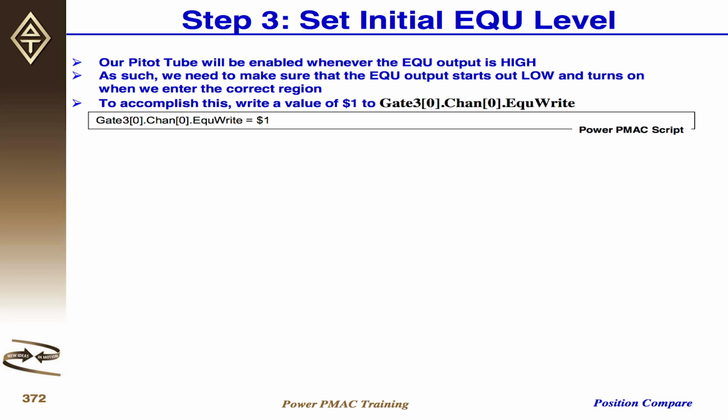Now we want our EQU output to be turned off, to be low, when we're at our home position, so we're going to write a value of $1, which again sets the forcing bit high and the writing bit low, so we write a value of 0 to our EQU output with that. And you can just issue this in your terminal window. For right now, it's a bit unnecessary because your EQU outputs most likely already are low, but just to be safe, it's always better to do this and make sure it's set up where you want it to be.